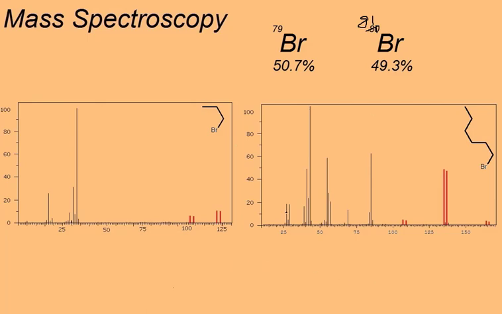So if the molecular ion peak appears, we're going to see it as a double peak, pretty much a 50-50 split, separated by 2 units. Quite often, we refer to the first of the two peaks as the molecular ion peak, and refer to the second peak with the heavier isotope as the M+2 peak.